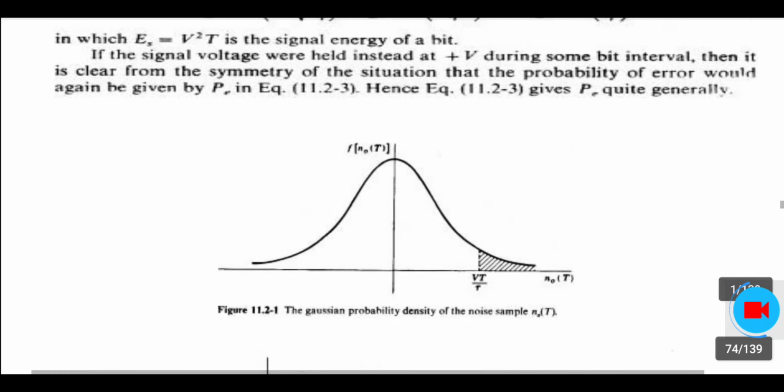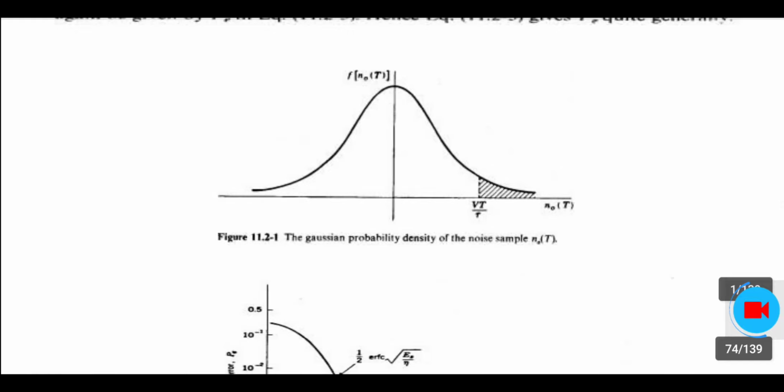Here you can observe a graphical representation of the error samples. This is a continuous waveform. We can define a threshold level over the time duration. So this is simply the Gaussian probability density of the noise samples. Here we use it for Gaussian noise.